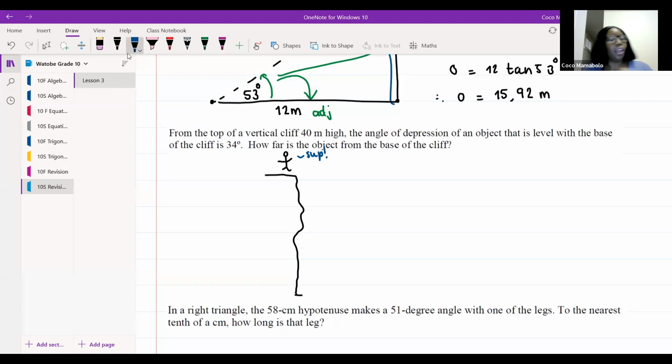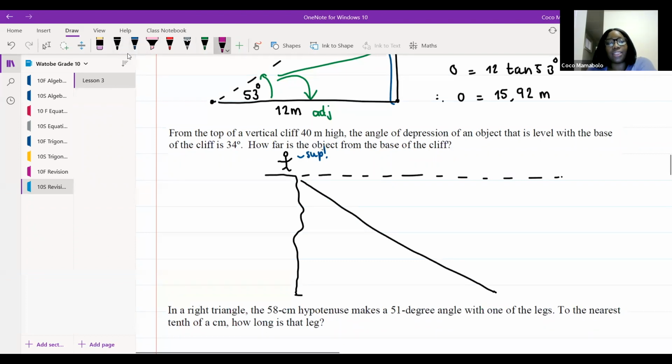So, okay. So it says from the top of a vertical cliff, the angle of depression. So I already know that there's going to be a straight line kind of. And from here, going downwards, there's going to be an angle of 34 degrees.